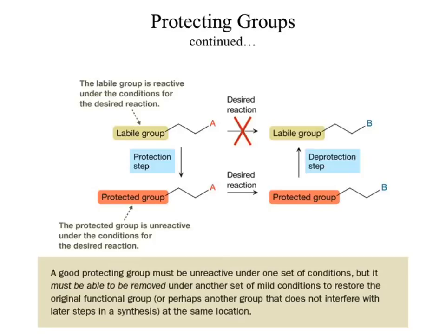Protecting groups. Okay. This is a very thin one. We're going to skip through this pretty fast. Why skip through protecting groups? What is the point of a protecting group?